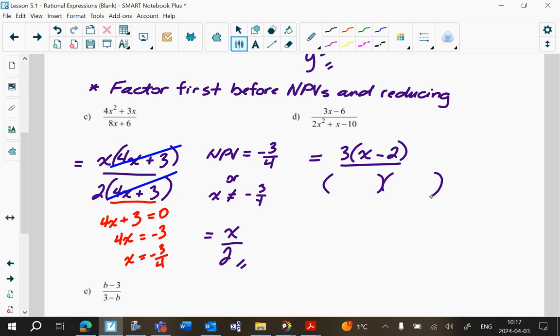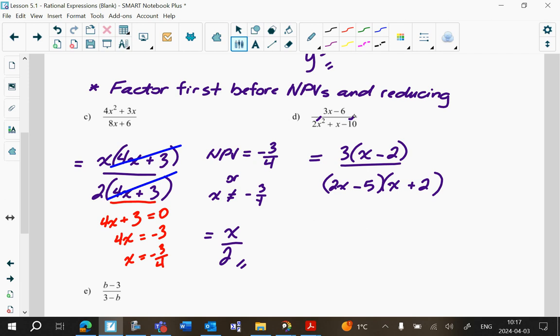Okay, what do these two terms have to be to get me this? 2x and x. These two numbers have to multiply to get negative 10. Give me a pair of numbers that multiply to get negative 10. Negative 5, positive 2. So I know that works. But I got to check to see if the middle works. How do I check the middle?